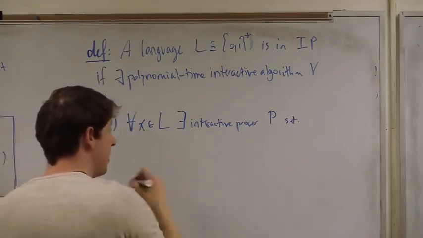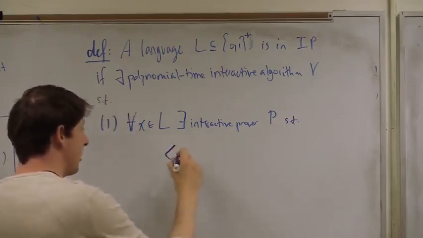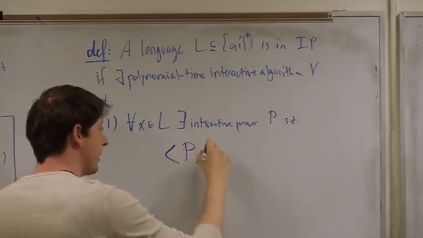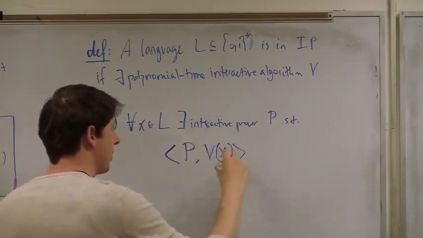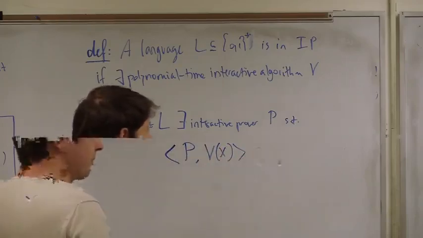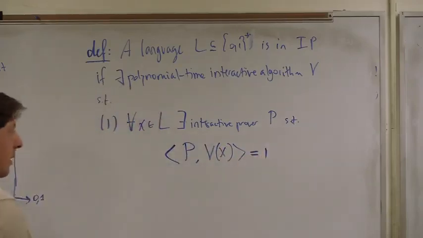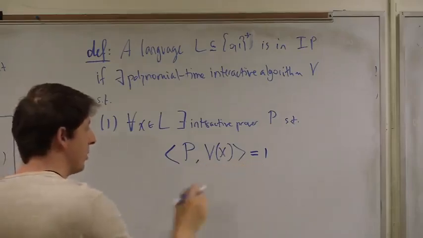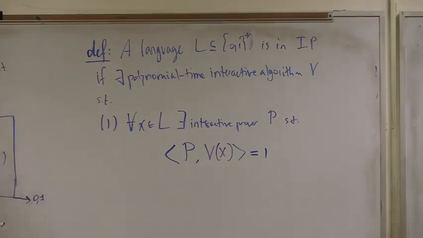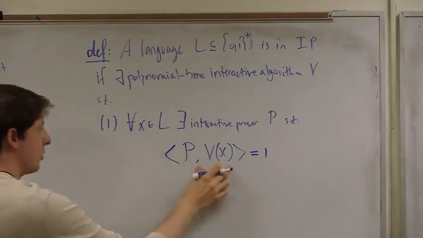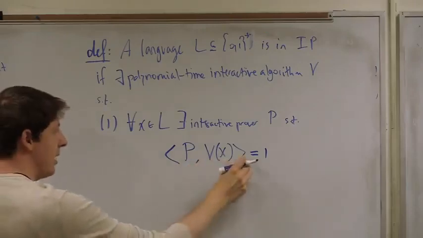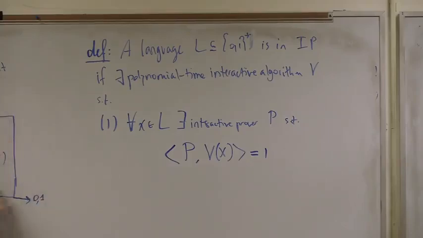There's a notation that is often used for that. We use these angle brackets that say P and V will interact in a conversation, and we say that this conversation results in the verifier outputting 1. So when we say P talks to V on input X equals 1, it means that at the end of the conversation, V will output 1.